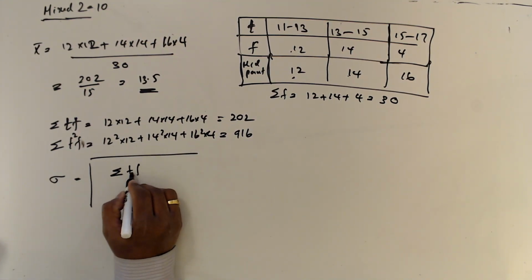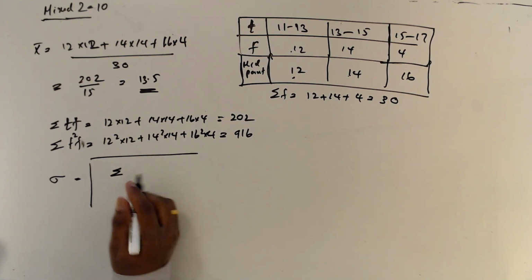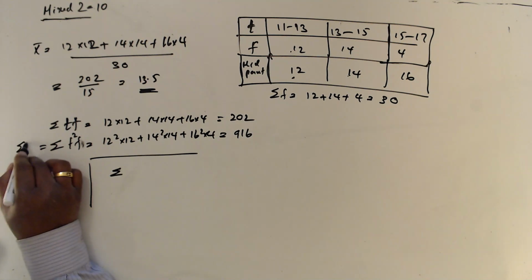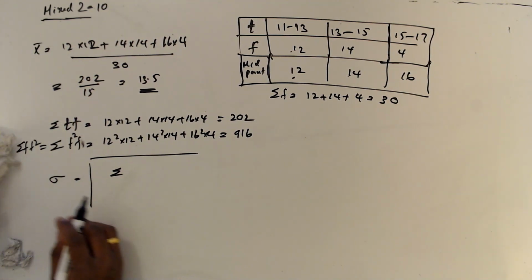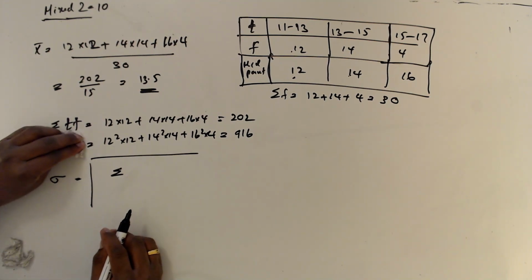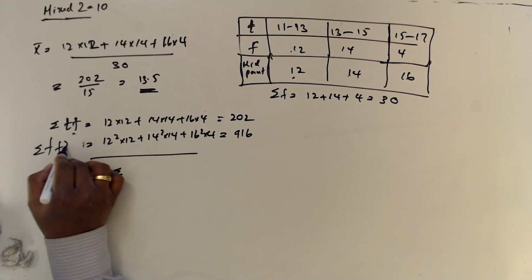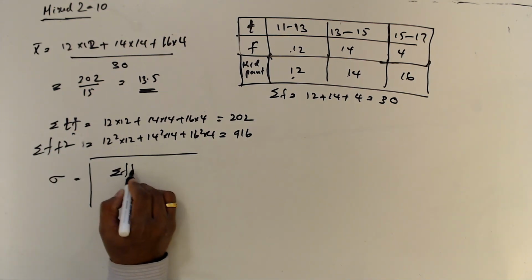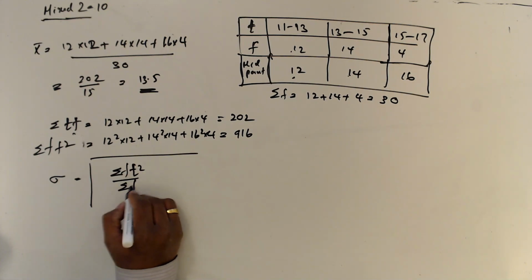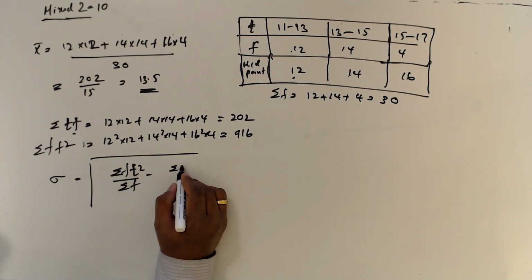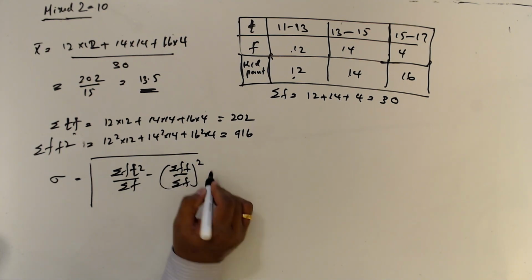Summation t, summation ft square, write ft square over summation f, minus summation ft over summation f, squared.